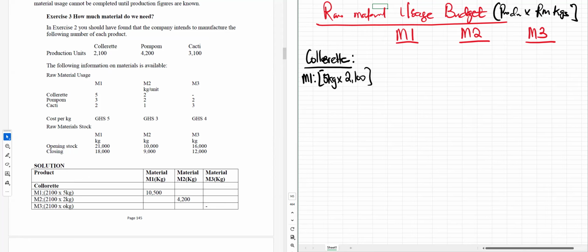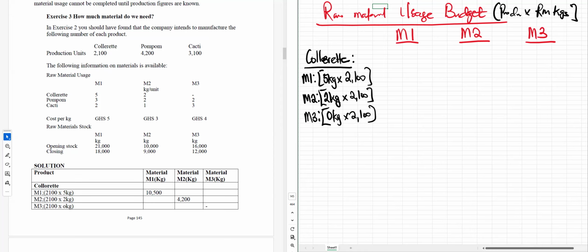So for Colorate, I'm producing 2,100 by the 5 kg. What about material M2 for Colorate? 2 kg, right? But we are producing 2,100 for Colorate. Then material M3 is dash, 0 kg, but we are producing 2,100.